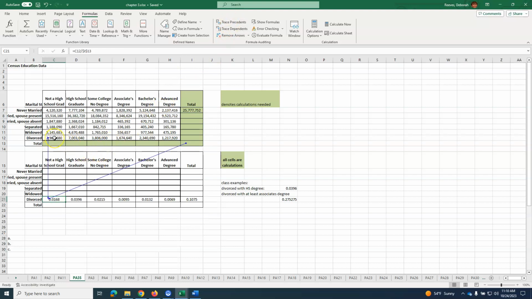You are just taking whatever the number divorced is and dividing it by whatever total you have here. So that's how you're getting these numbers, and you can figure out how to put the rest of them in. So I'm going to take this formula off. So the question is the probability that a person is divorced and has a bachelor's degree.